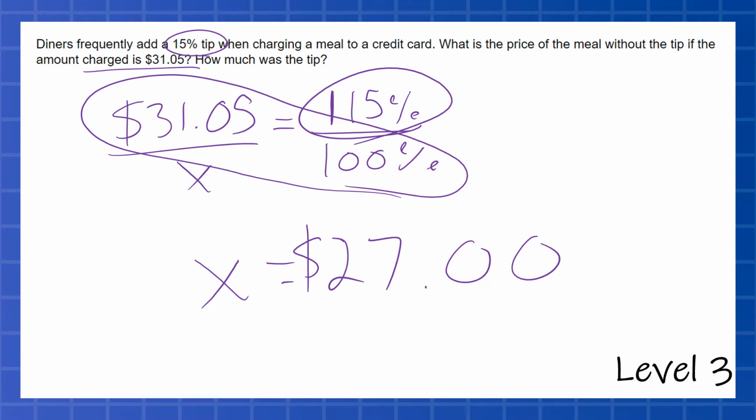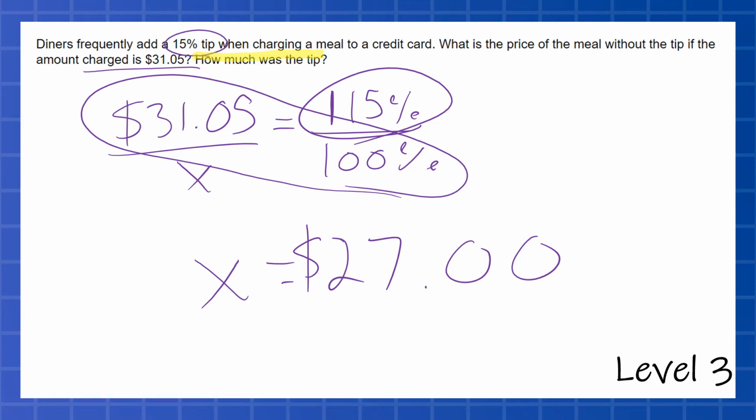Well, actually, it's not $27 because I was trying to set this up and I wasn't paying attention to what I'm looking for. So whenever I have a word problem, I like to check before I submit my answer. I look at what the question was actually asking. The question was how much was the tip? Do you think we tipped $27? No, that's too much. That's not the tip. That's 100%. What I need to find out is what the 15% was.